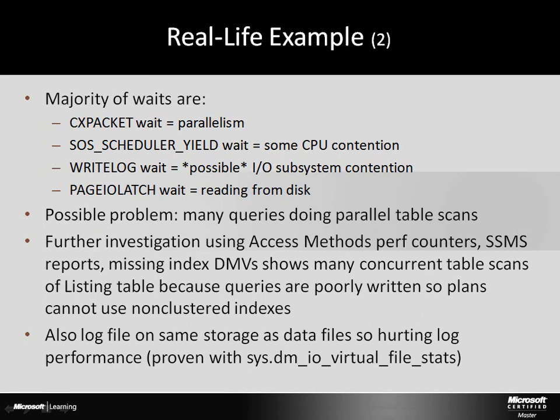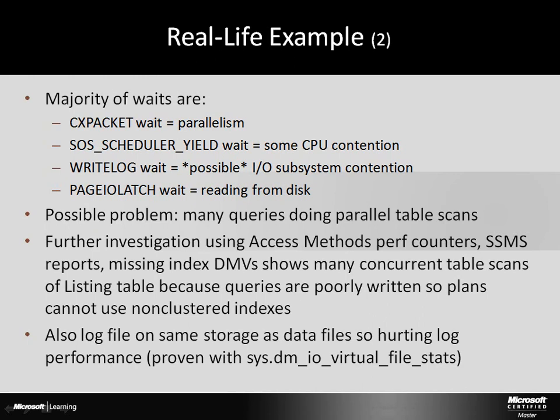So one of the things that all of these things together might say to me is that, apart from the write log and the SOS scheduler yield, the page I/O latch waits and the CX packet waits could say that there are large parallel table scans going on, based on experience from what I've seen on other systems.